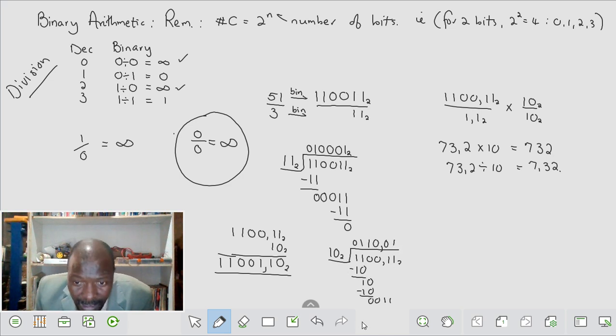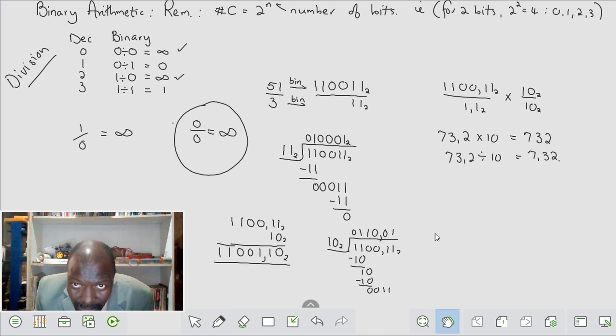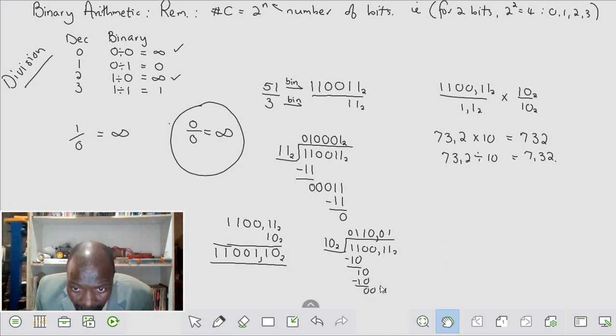Let me move this up a little bit. When we multiply, it will be 1, 0. When you subtract, that's a 1. Remember that adding zeros in front of a number with commas will not change the value.